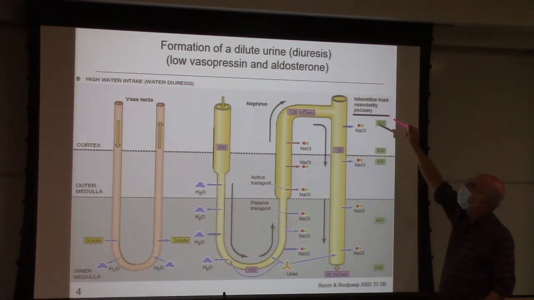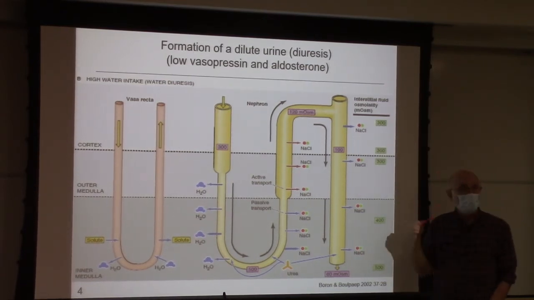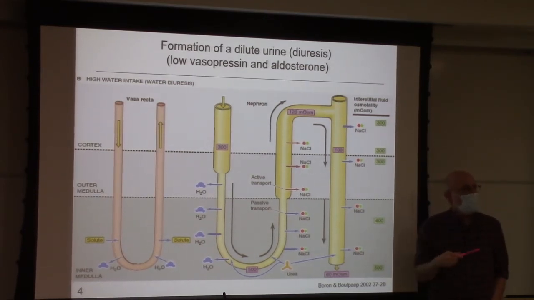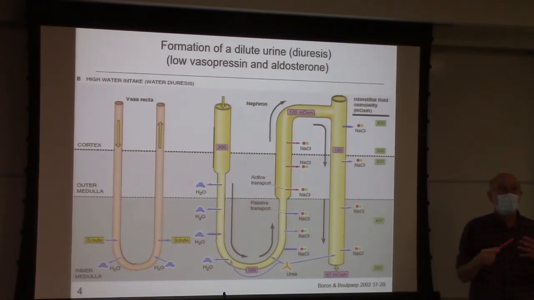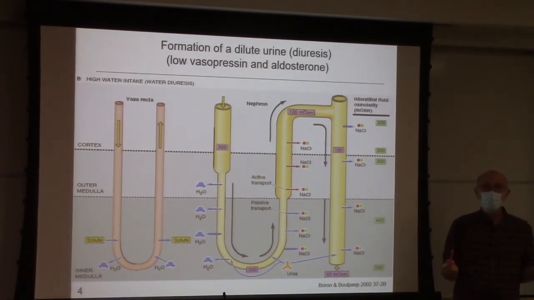And in the absence of vasopressin, which is another hormone that responds to our hydration state, so highly hydrated, low vasopressin. Where does vasopressin come from? The posterior pituitary. So our brain is detecting high hydration.